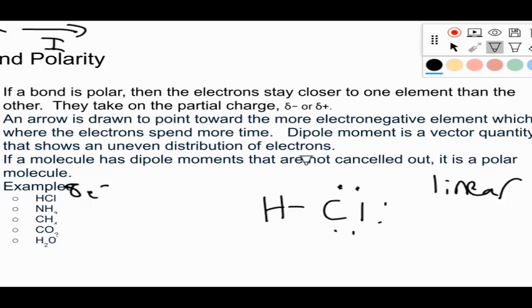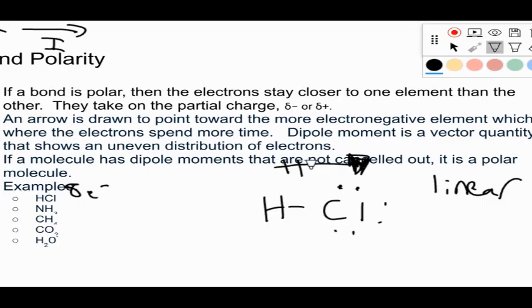So what happens here is we are going to draw our dipole moment arrow. And typically this is how chemists are going to draw it. They're going to draw an arrow and put a couple lines on the back to show, or 1 line on the back to show the direction and to show the magnitude. And so in this, it is going to point towards chlorine.